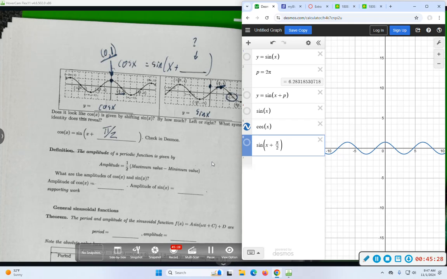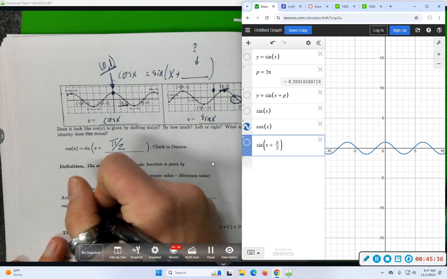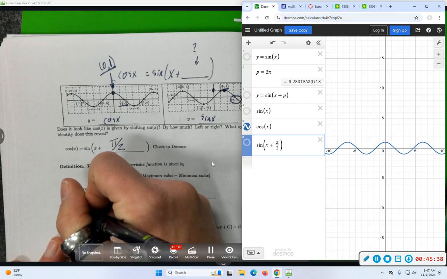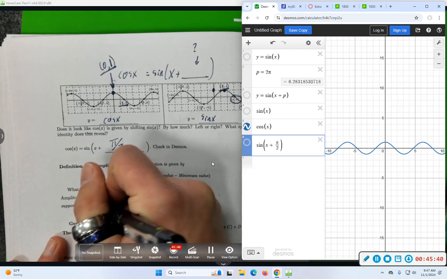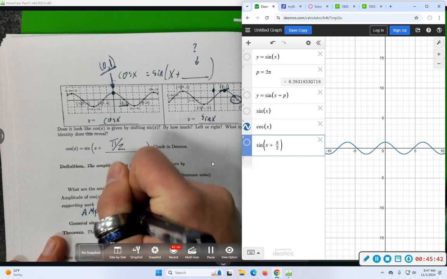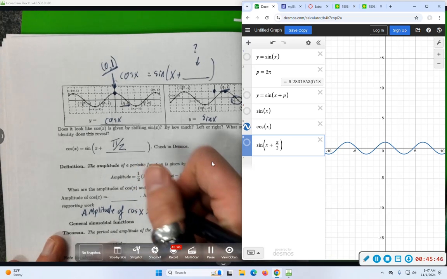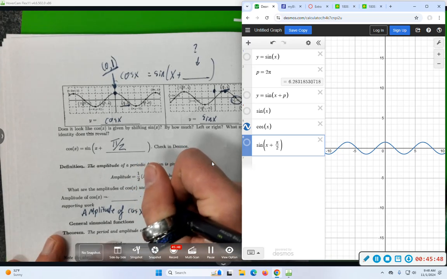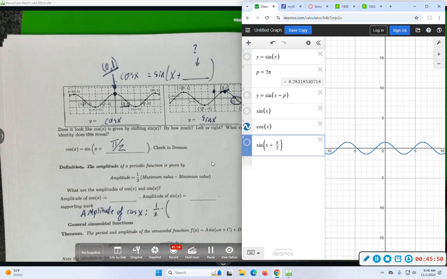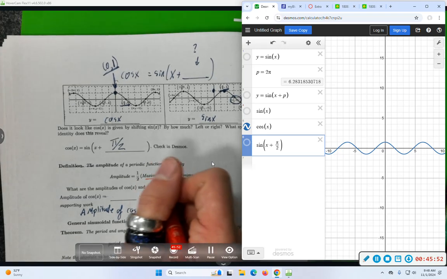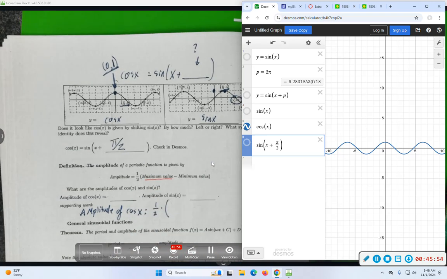All right, well, let's compute that for these things. Let's compute the amplitude of cosine x. So it'll be 1/2 times the maximum value. What's the maximum value cosine takes? 1?